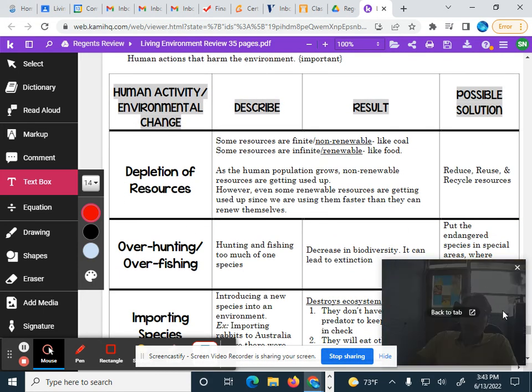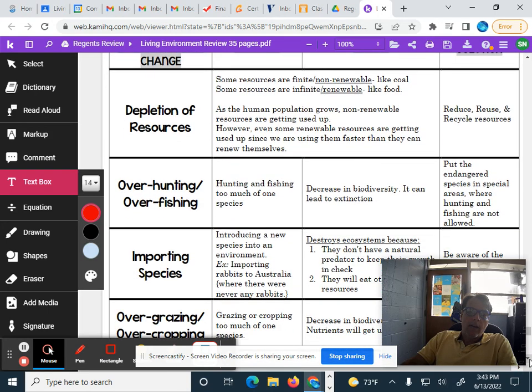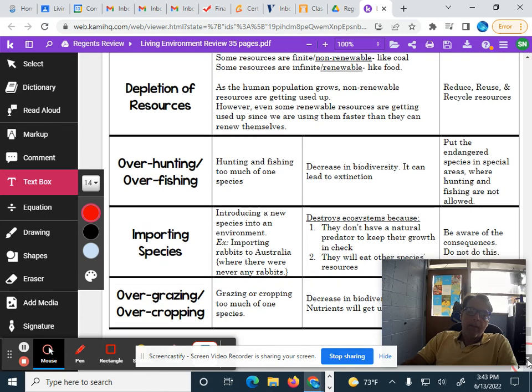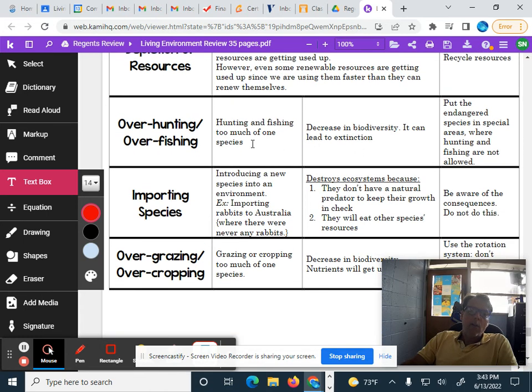Human impact, depletion of resources. Okay, we're using up too much stuff. We're using resources faster than we can renew them. Examples are non-renewable resources like coal, oil, and natural gas, and finite resources like food, clothing, shelter. Overhunting and overfishing decrease biodiversity.